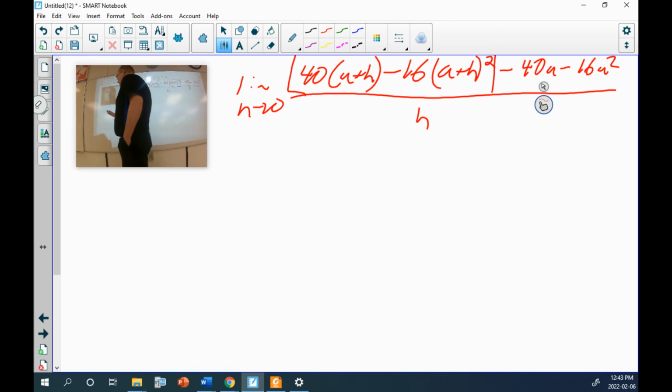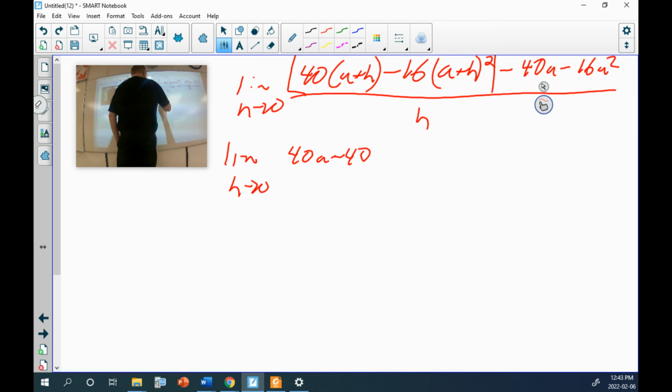Now, again, what the heck is this? Well, this is just simple. We have a little bit of work to do. We have some algebra to perform. That works out to be 40a plus 40h.